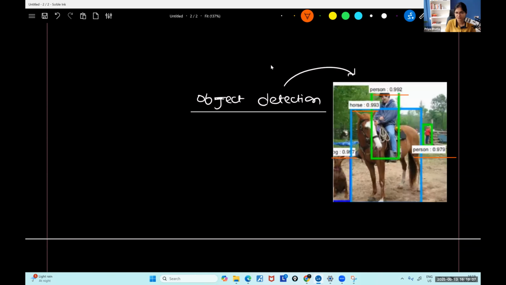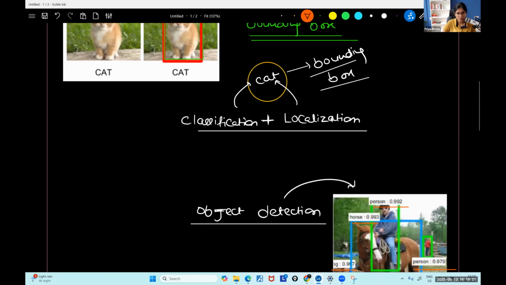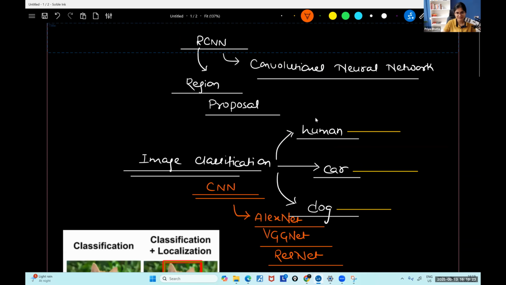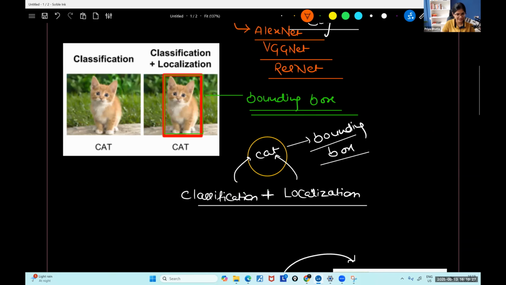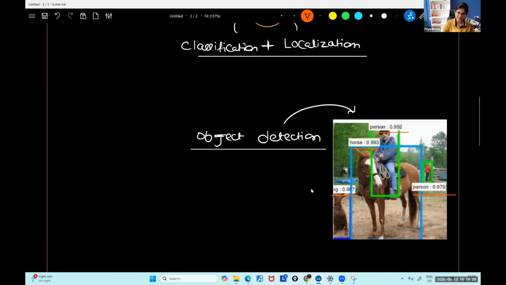Here also it is a person, each with its corresponding score: person 99.2%, horse 99.3%, dog 96.7%, person 97.9%, and so on. So do you get an idea now? What is the difference between a simple classification task, a classification plus localization task, and a classification plus object detection task?